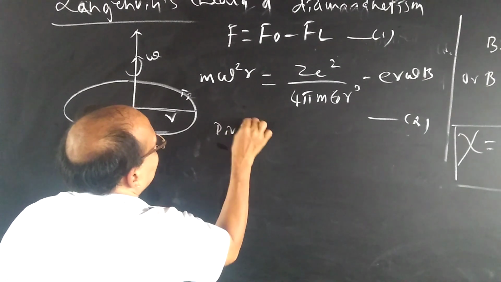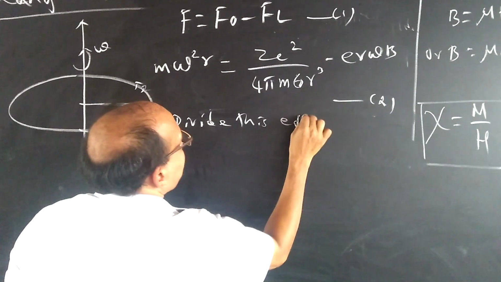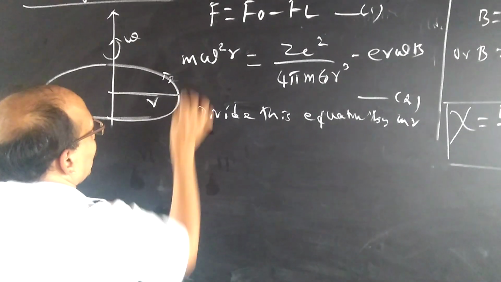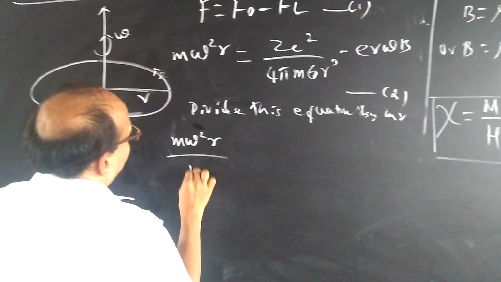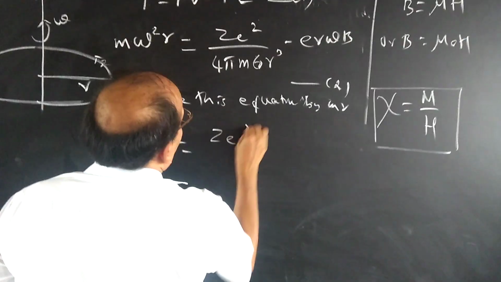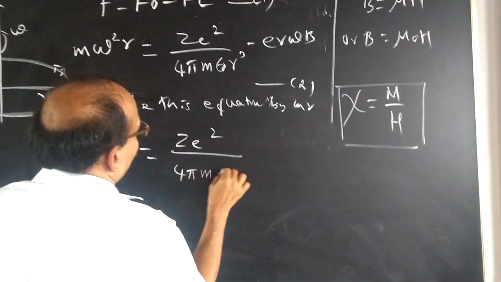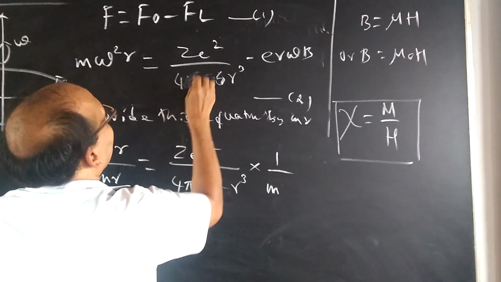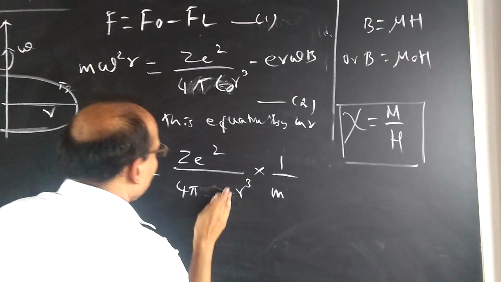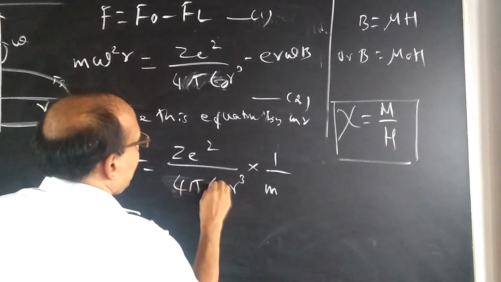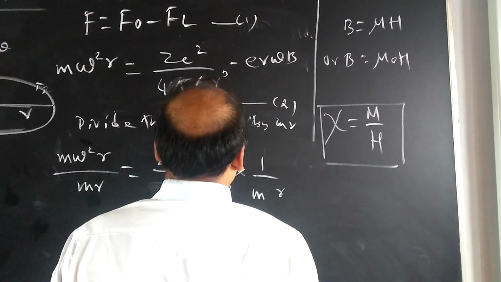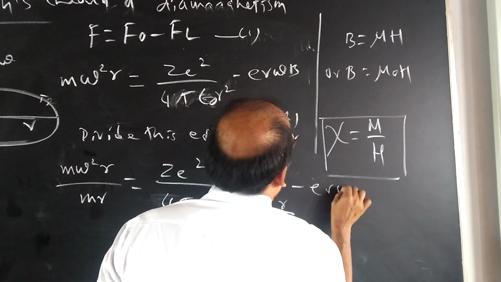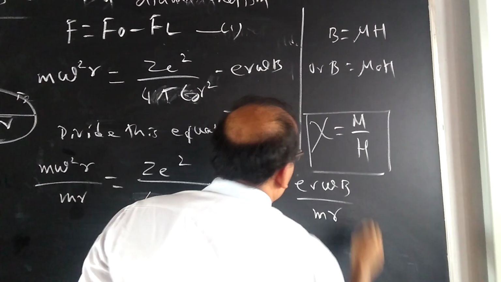So just divide this equation by m into r. So you can get m omega square r by m r must be equal to Z square e square upon 4 pi epsilon naught m r cube, minus e r omega B divided by m r.